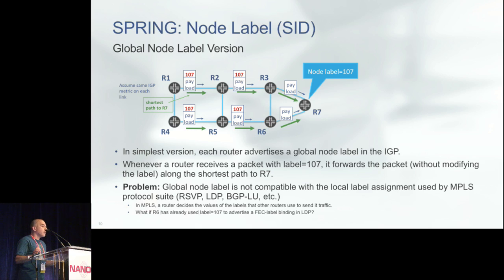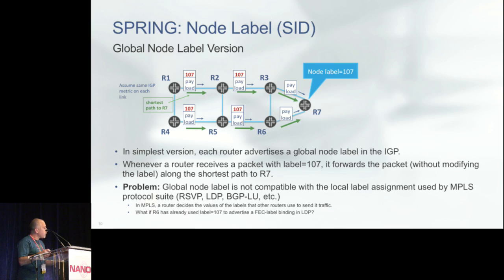The other thing is that it breaks interoperability between vendors, because if this was a multi-vendor network, you would need to get all the vendors to agree that label 107 is dedicated for this purpose. Well, some label managers may have chosen to already allocate that label to some other purpose. So you can't assume these things, if you wanted to achieve interoperability.